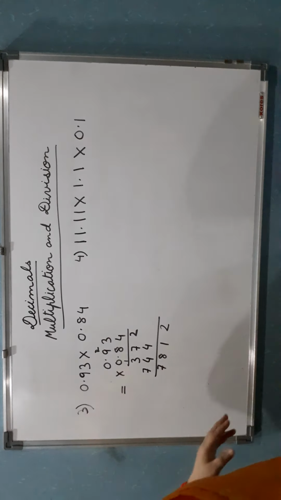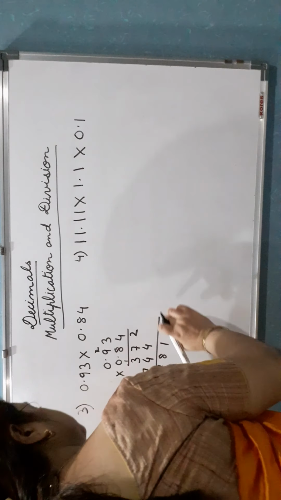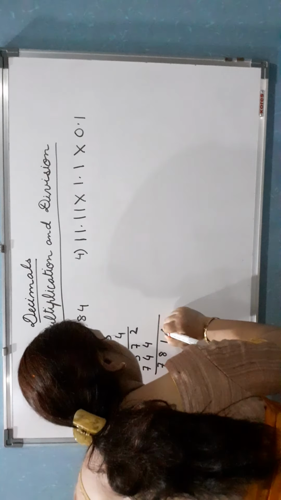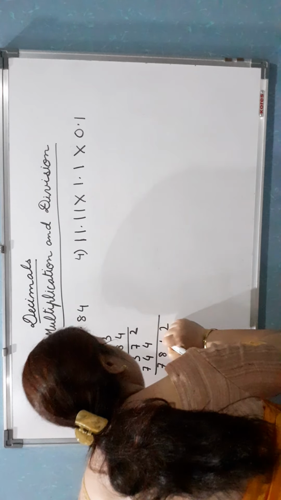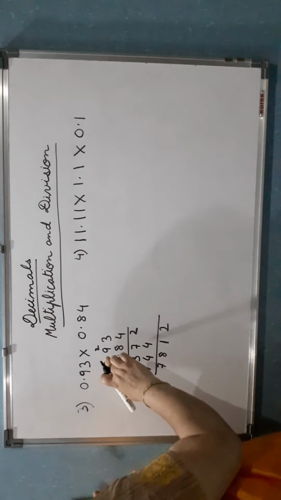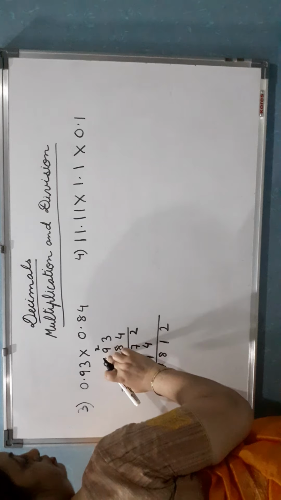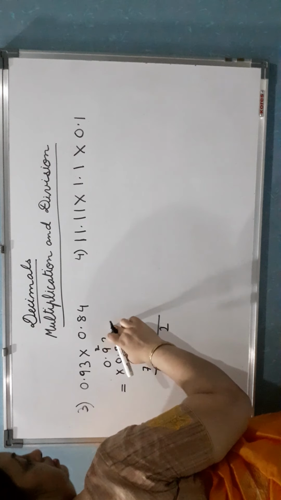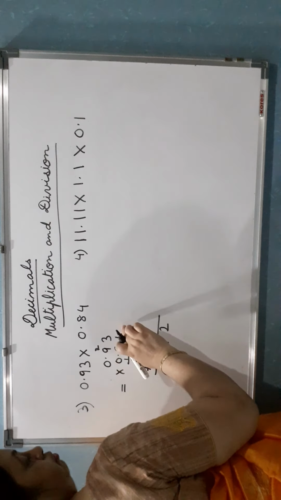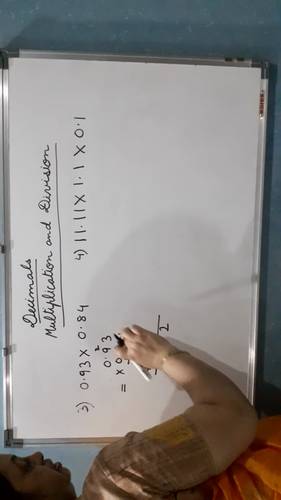Now look here. After decimal, see, look here, after decimal 2 digits, and here after decimal again 2 digits, meaning total 4 digits.